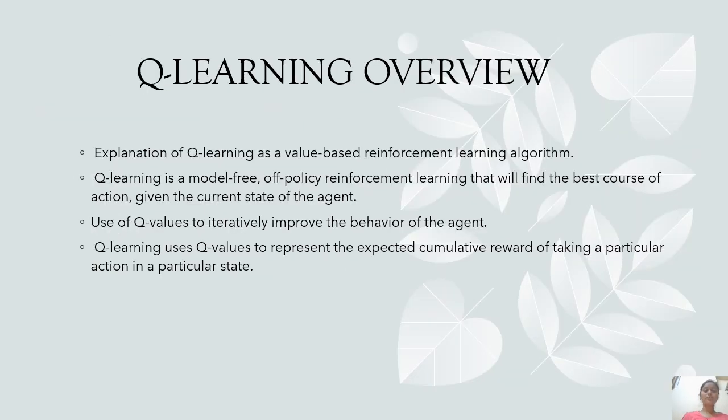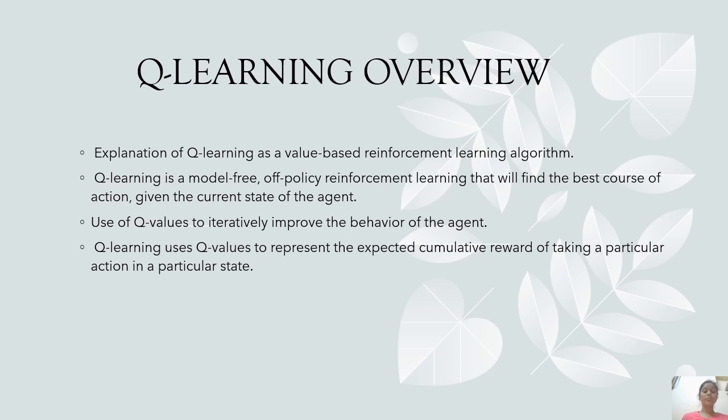So, Q-learning overview. Explanation of Q-learning as a value-based reinforcement learning algorithm. Q-learning is a model-free, off-policy reinforcement learning algorithm that will find the best course of action given the current state of the agent.